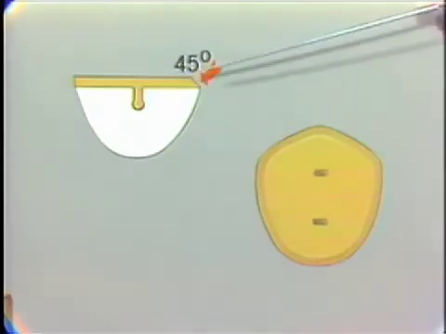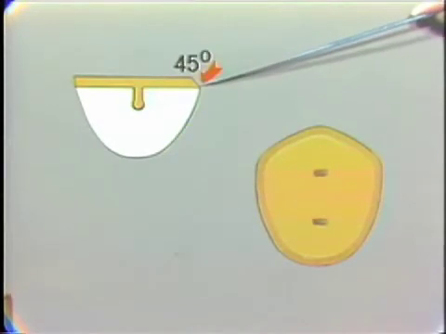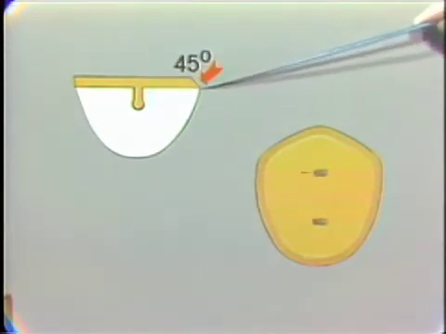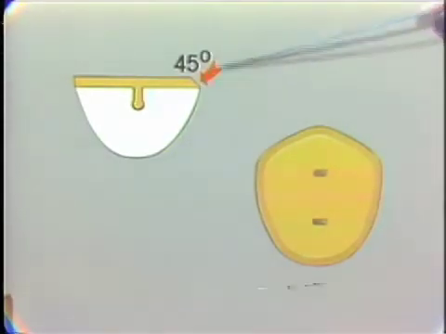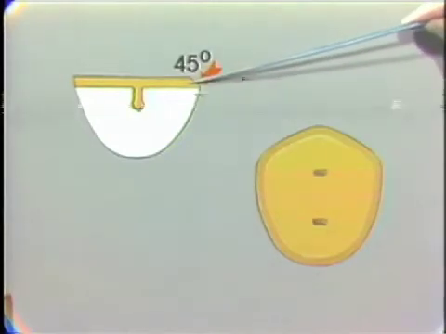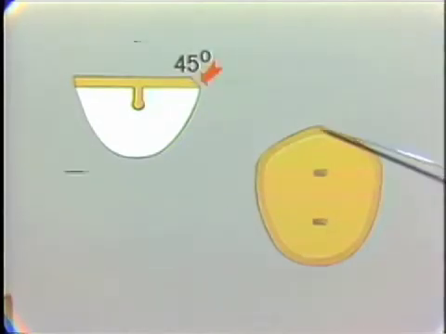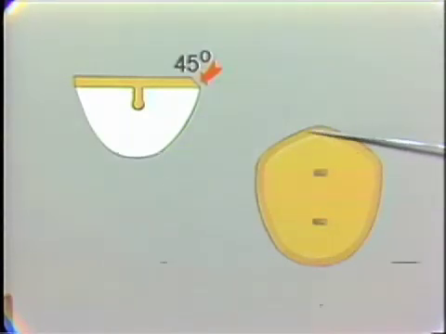To avoid that, it's customary to put a 45-degree bevel along the boundary of the backing all the way around, so that when we wax up, the wax comes right down to this point here, and when it's cast in gold, of course, the one quality of gold comes all the way down, and this is completely covered and protected. So this 45-degree bevel is placed all around the periphery of the backing, as you see here.